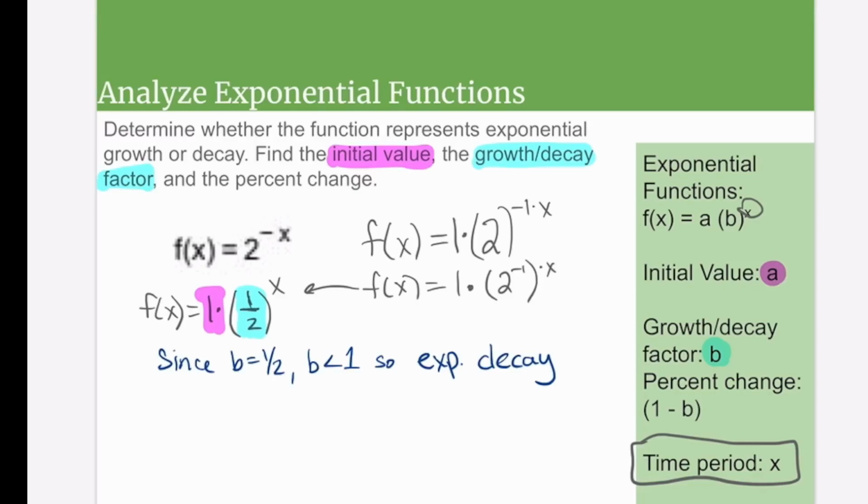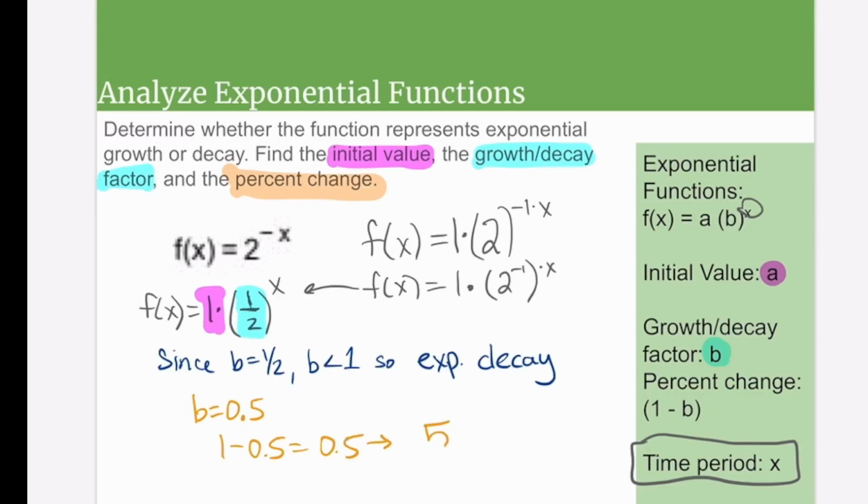Now to find this percent change, we have to take this 1/2 and turn it into a decimal, which is 0.5. So 1 minus 0.5 is 0.5.